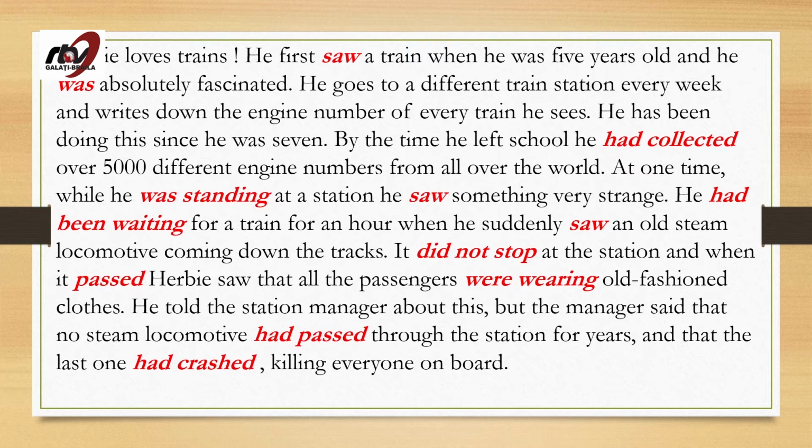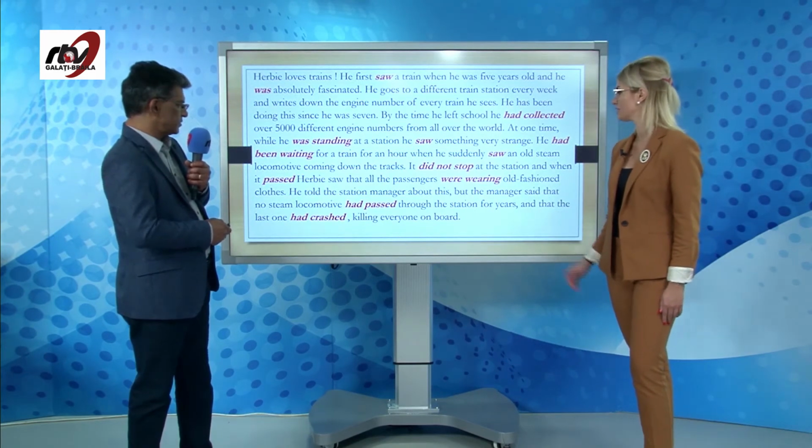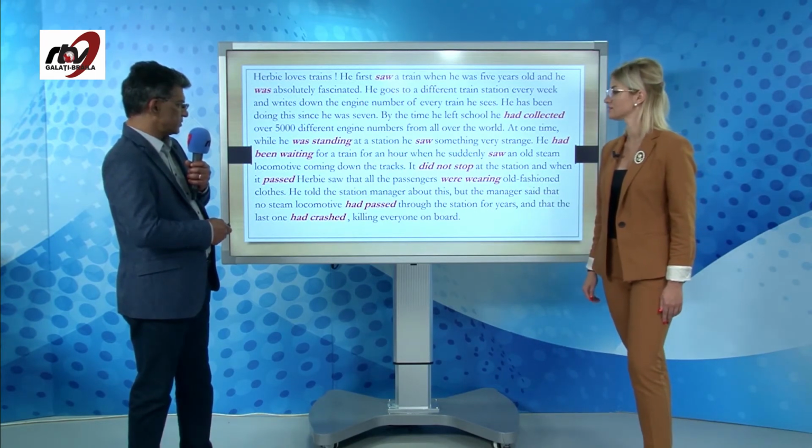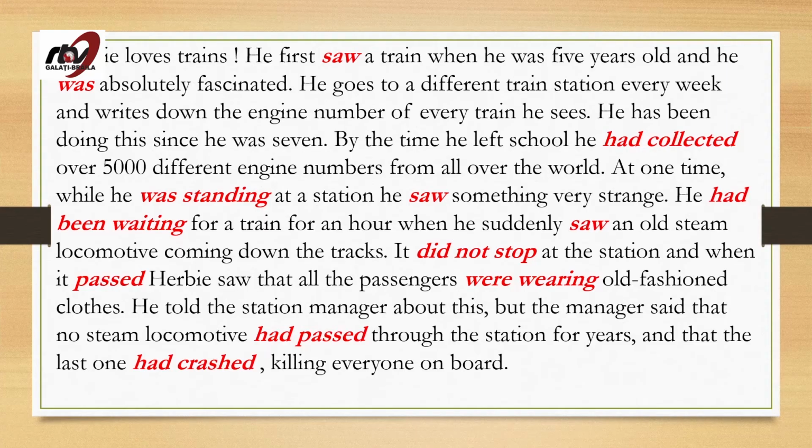It did not stop at the station, and when it passed, Herbie saw that all the passengers were wearing old-fashioned clothes. Did not stop, it's a negative of simple past, were wearing, it's past continuous, and saw, again, we have the simple past. And he told the station manager about this, but the manager said that no steam locomotive had passed through the station for years.